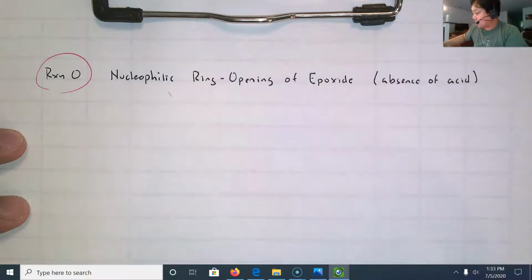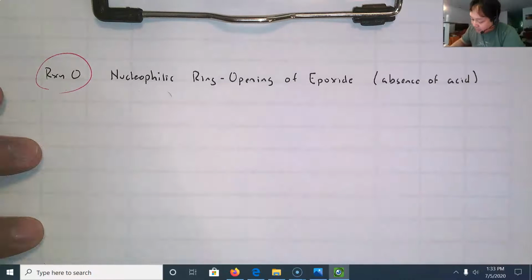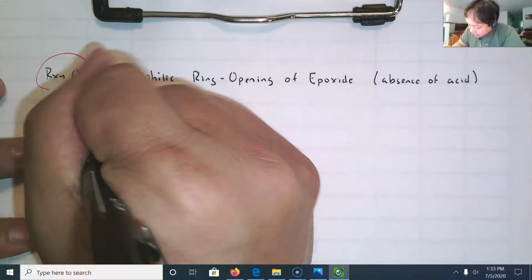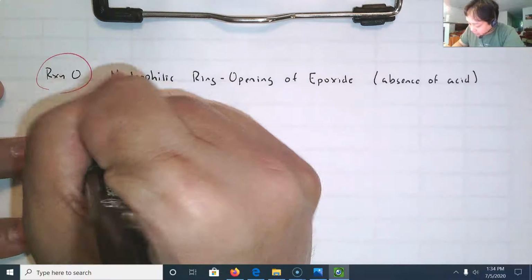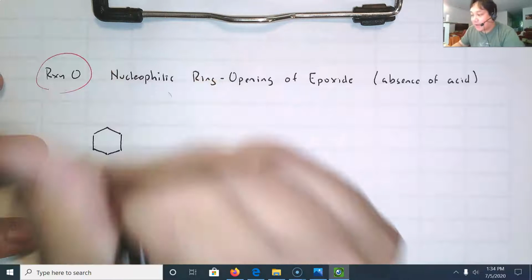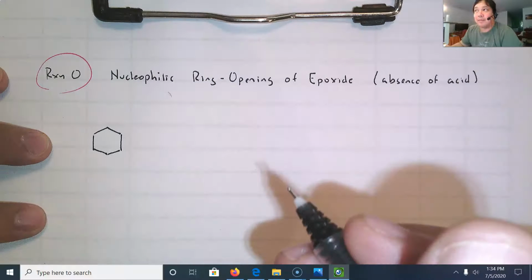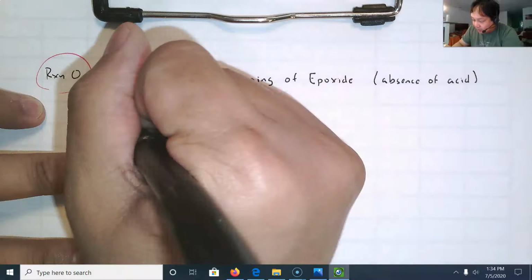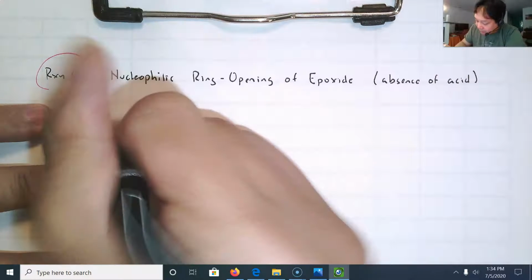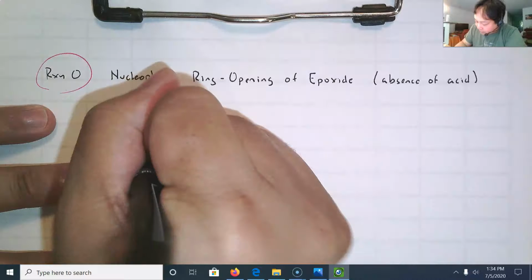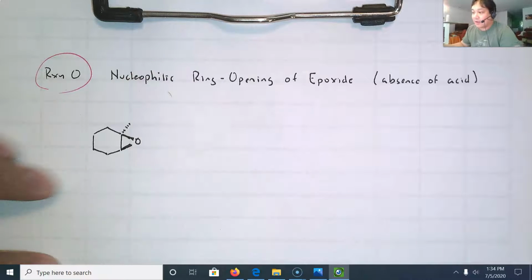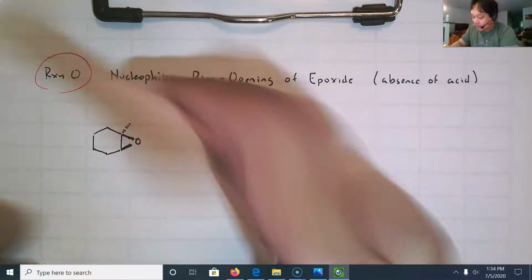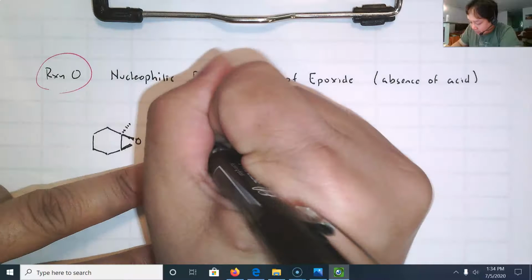Let's pick an epoxide, and I'm going to pick an epoxide that's going to show us a lot of different features of this reaction. So the epoxide I'm going to pick is not symmetrical, has no plane of symmetry, and also I'm going to show stereochemistry. The nucleophile I'm going to use in this case is going to be sodium cyanide.